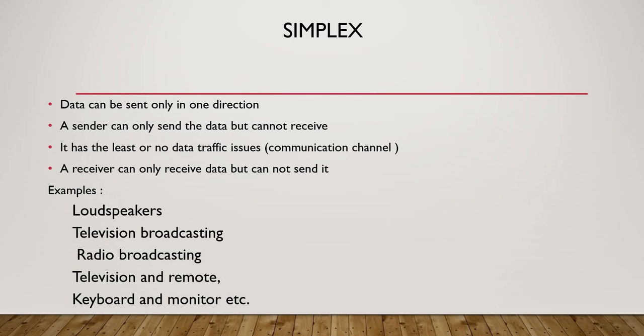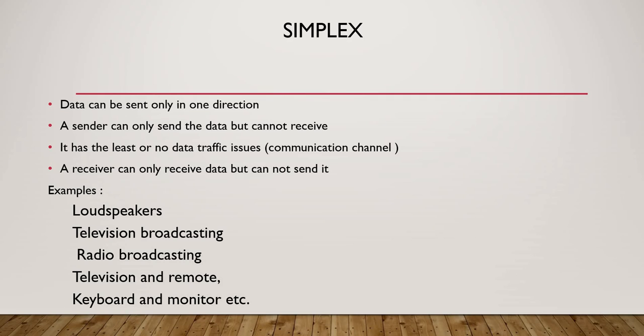The first one is simplex. In case of simplex, data can be sent only in one direction. That means a sender can only send the data but cannot receive, or a receiver can only receive the data but cannot send it. Okay?